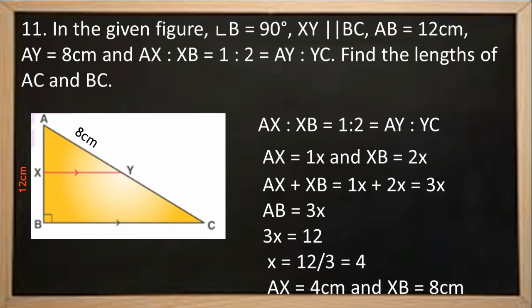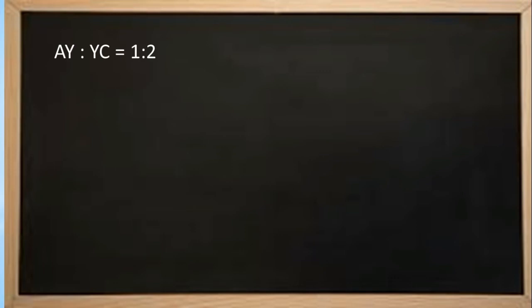This is one point. Similarly, we have the other point, that is AY is to YC is also 1:2. Consider AY is to YC as 1:2, that is 1y and 2y.